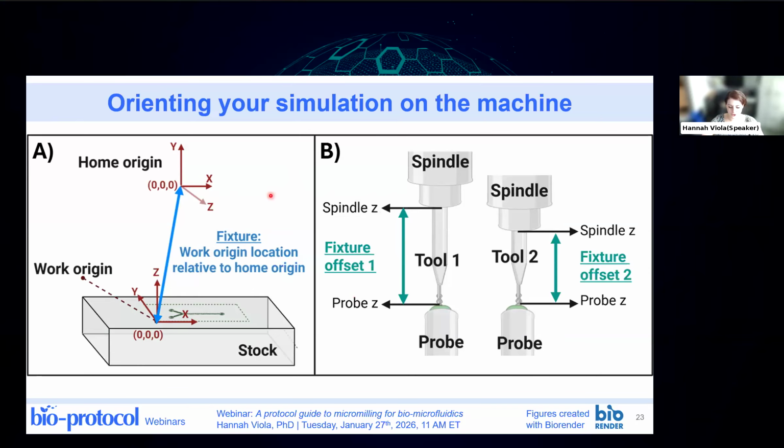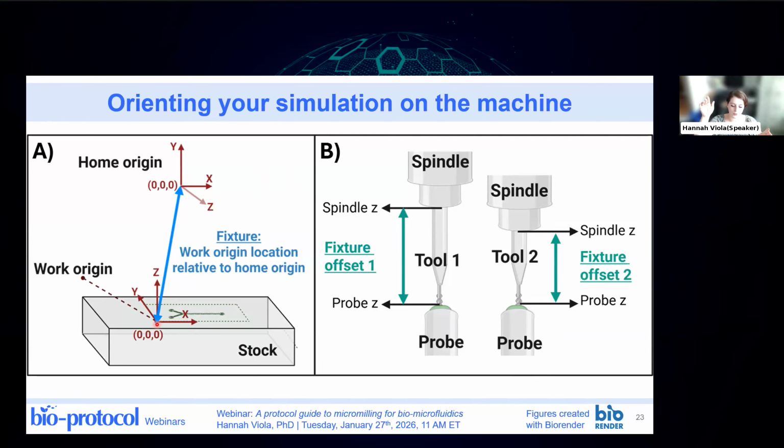You have what's called the fixture offset. So once you tell the machine, this is the origin from my simulation, the machine has a different coordinate system that it's working with, so it has a different origin. It has an objective origin that is actually measured by the machine. So the machine is going to move the spindle to the maximum X, Y, and Z position, and it's going to call that the home origin for the machine.